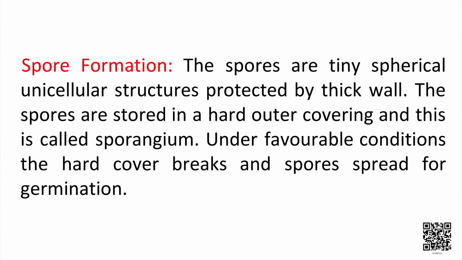D. Spore formation. The spores are tiny spherical unicellular structures protected by a thick wall. The spores are stored in a hard outer covering, and this is called the sporangium. Under favorable conditions, the hard cover breaks and the spores spread for germination. Then E. Budding.